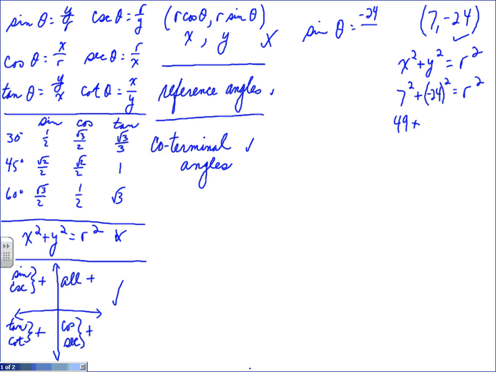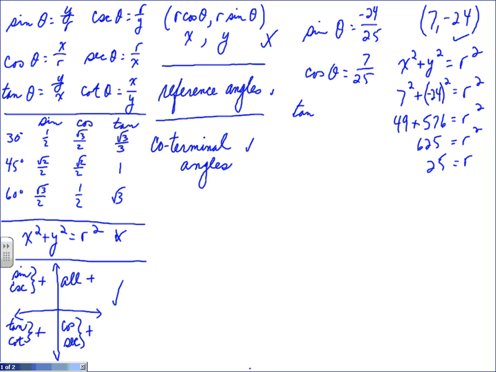49 plus 576. R squared equals 625. The radius is 25. So (-24) over 25. Cosine is the x value over the radius.